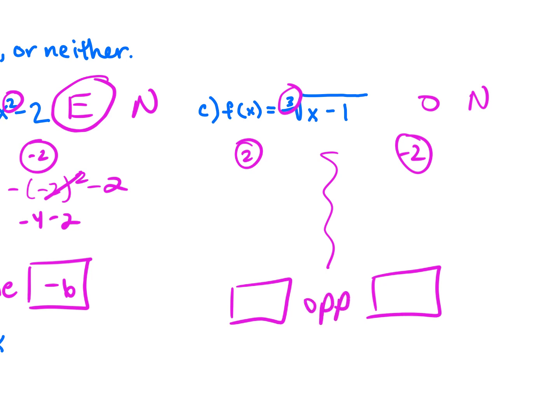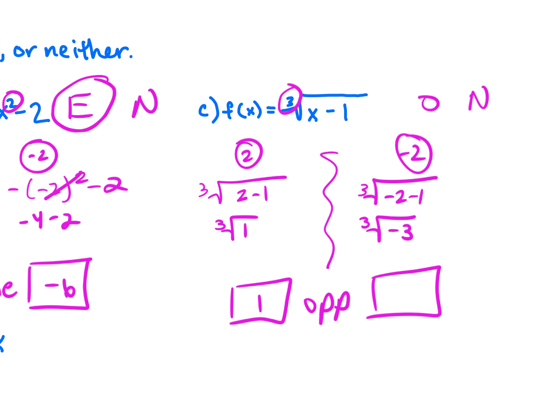All right, so I have the cube root of 2 minus 1. The cube root of 1 is what? 1, okay. So over here I have the cube root of -2 minus 1. So I have the cube root of -3.